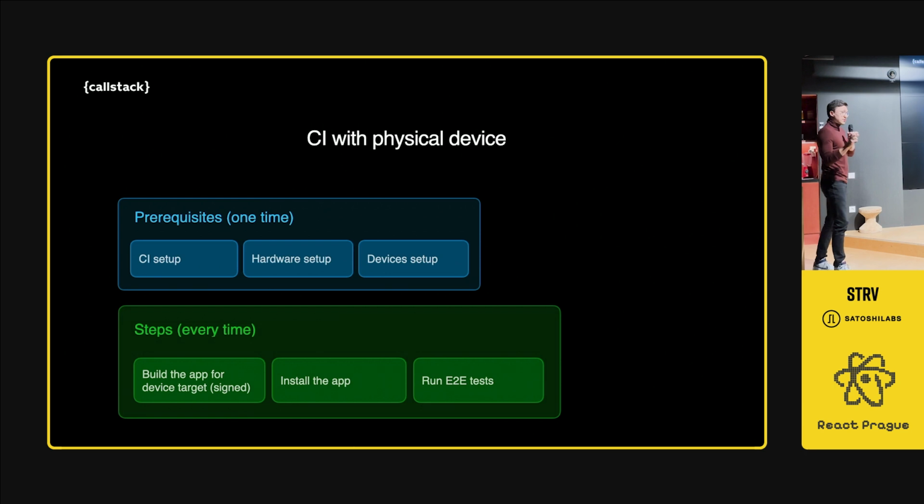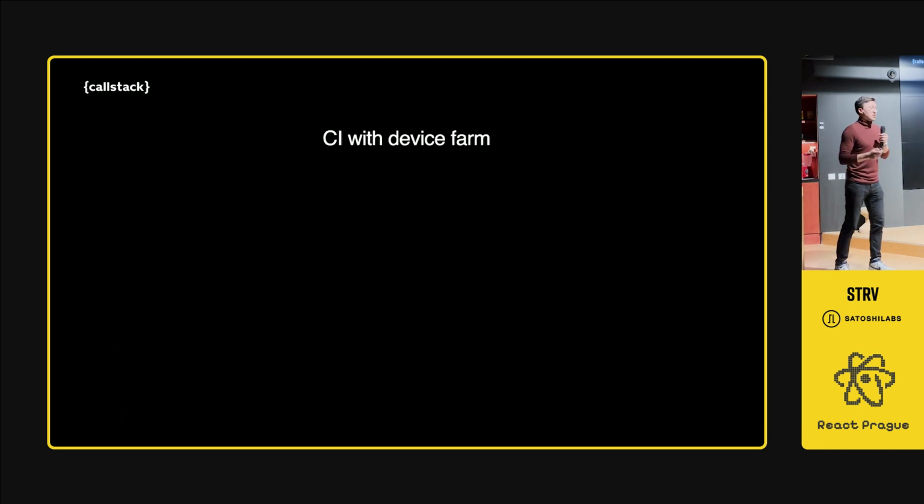And there's one less step to handle, because we will need to build our app for a target device, but we will also need to sign it. If you haven't done it before, that's going to be a bit more work. You won't need to boot up the simulator because the devices are already connected. So you just install the app and run end-to-end tests on it.